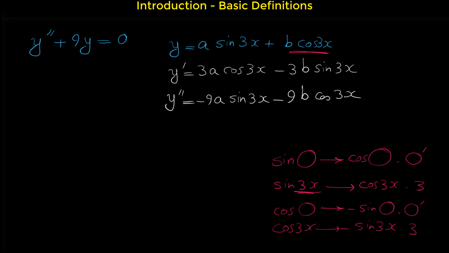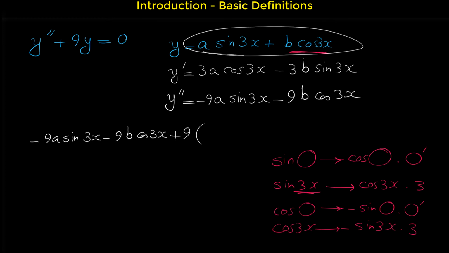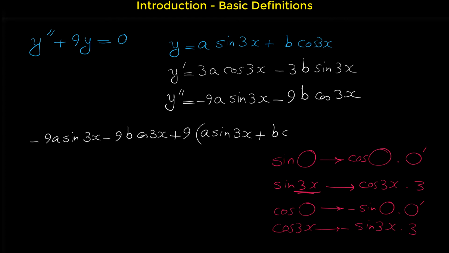Now if we plug in this expression for y double prime here, we get negative 9a sine of 3x minus 9b cosine of 3x plus 9 times y. The y is this function, a sine of 3x plus b cosine of 3x.